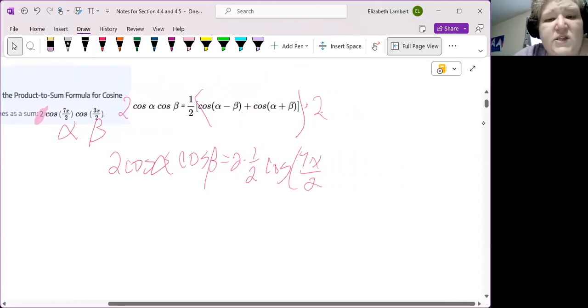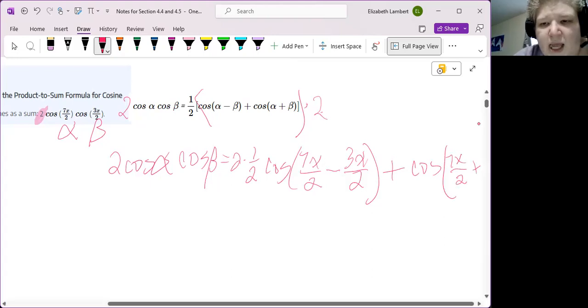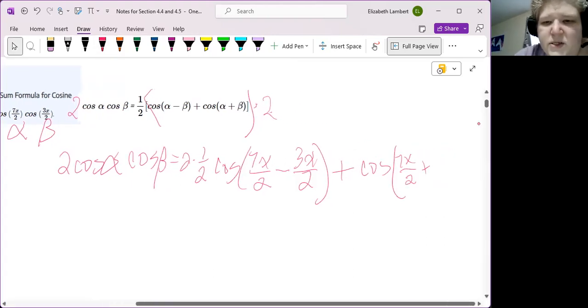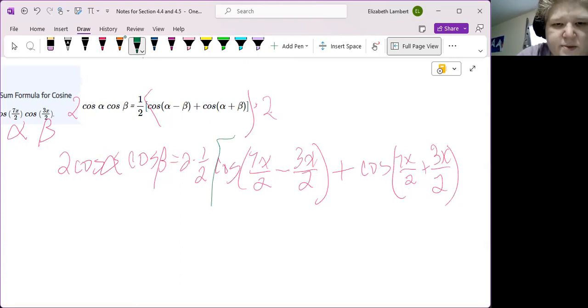Cosine of 7x over 2 minus 3x over 2 plus cosine of 7x over 2 plus 3x over 2. And terribly sorry, there should be brackets. Right.